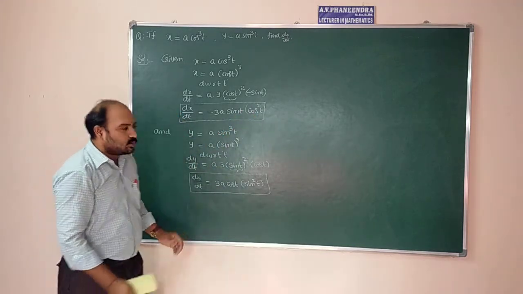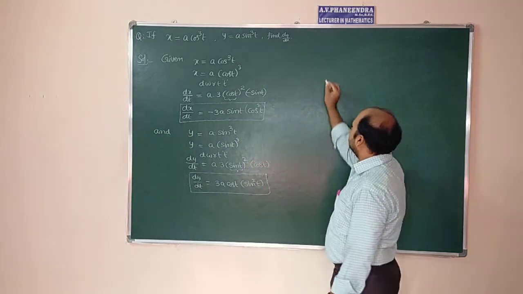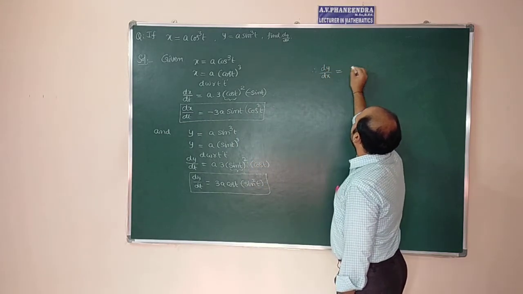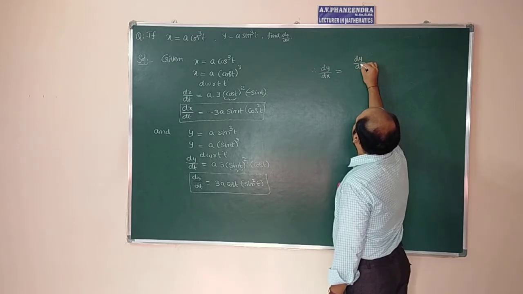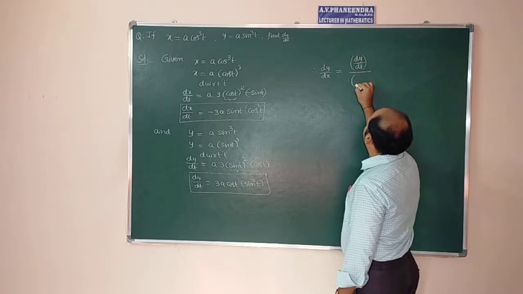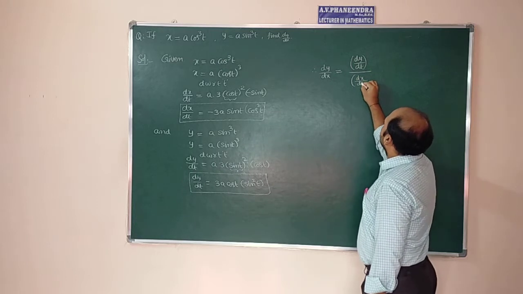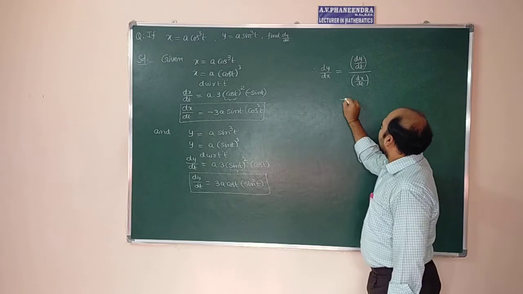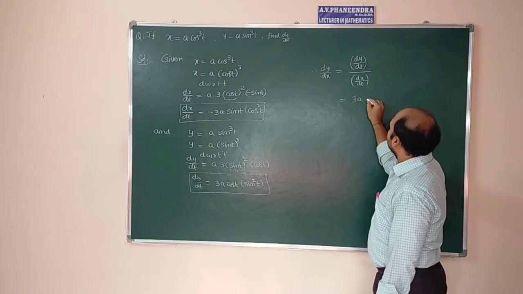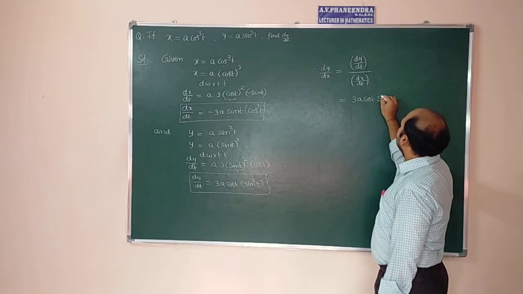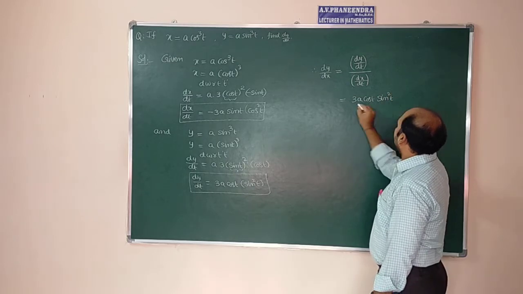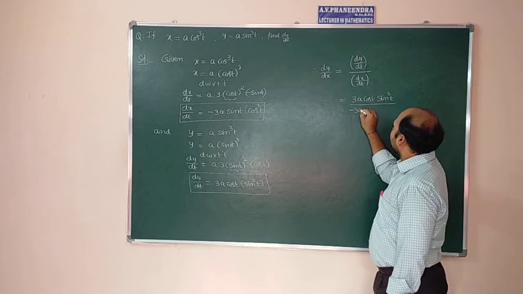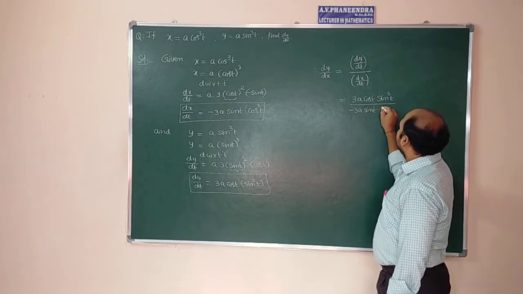After getting these values, dy by dx is equal to dy by dt whole divided by dx by dt. The value of dy by dt is 3a into cos t into sin square t, whole divided by dx by dt, minus 3a sin t into cos square t.